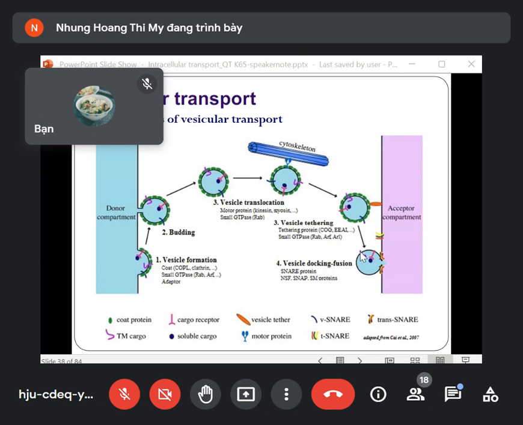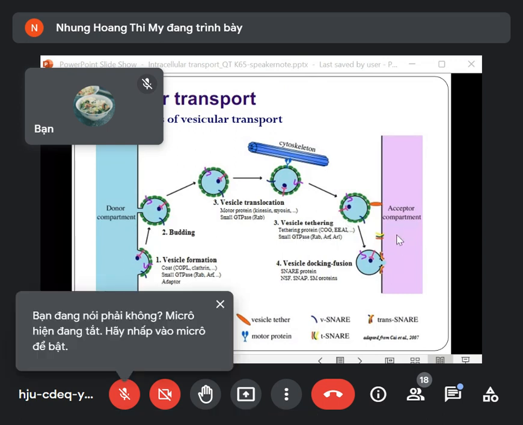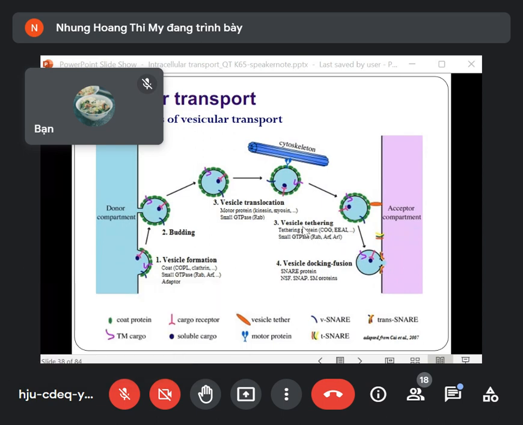The vesicle tethering starts when the vesicle is close to the acceptor compartment. And this process, the vesicle tethering, also needs support from many types of protein on the vesicle coat, on the vesicle membrane, and on the acceptor membrane.